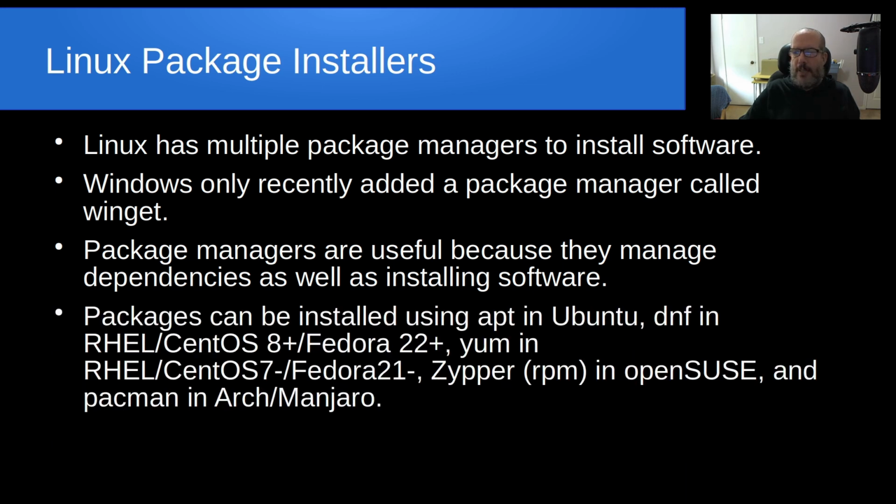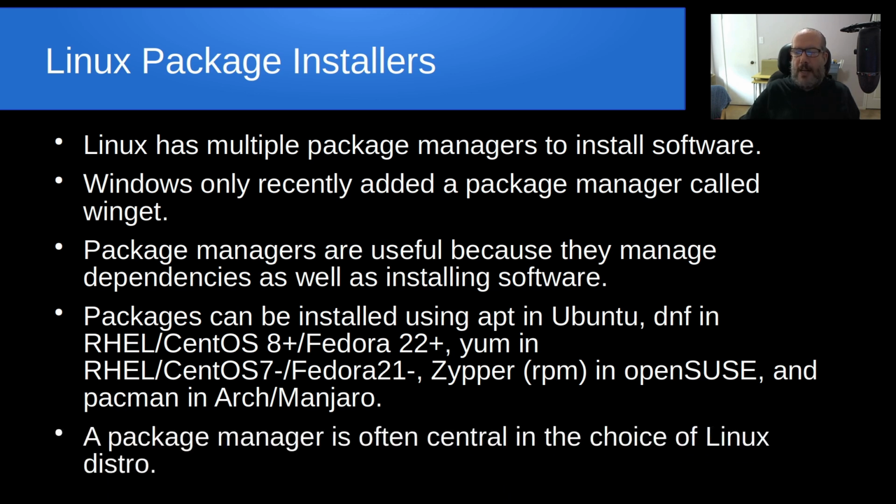Packages can be installed using apt in Ubuntu and DNF in Red Hat, CentOS, and Fedora 22 Plus. As the slide shows, Red Hat, CentOS, and Fedora in earlier versions use Yum. Zypper, which handles RPM packages, is used in OpenSUSE, and Pacman is used in the Arch and Manjaro derived distributions.